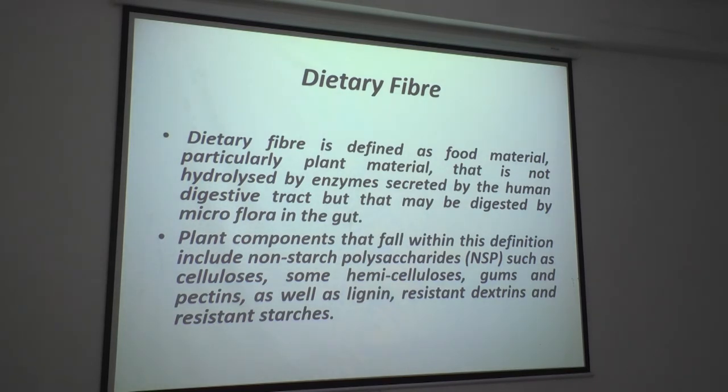Its functions are very important. Number one, it reduces cholesterol absorption. Number two, it increases enteric motility. Bowel movement is important. It prevents constipation.